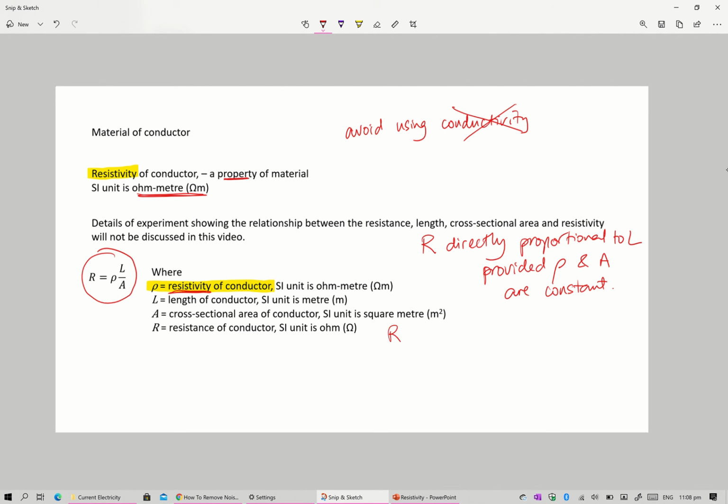You also can look at it this way: resistance is inversely proportional to cross-sectional area, provided resistivity and length are constant.